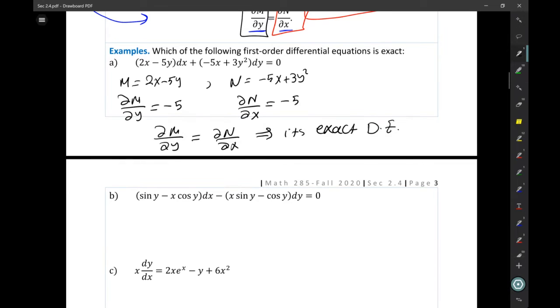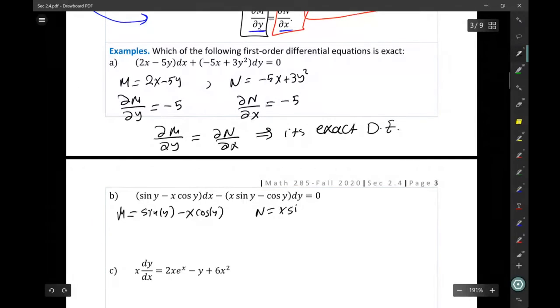Right. The second part. M is equal to sine y minus x cosine y. Well, N is equal to, sorry, we have a minus, minus x sine y minus cosine y.